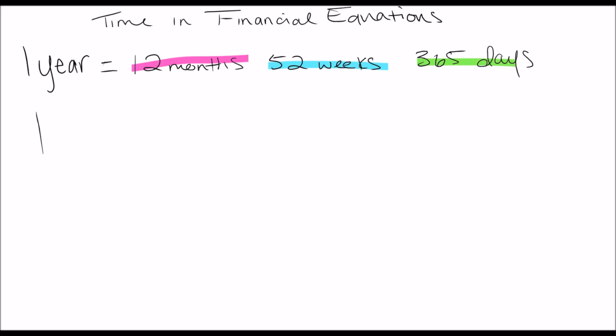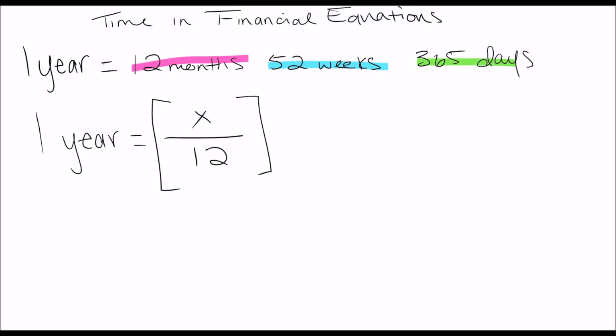So let's look at this. So 1 year is equal to an amount of months. We could have 2 months, 3 months, 4 months, but our given time function is this fraction here when we are dealing with months.